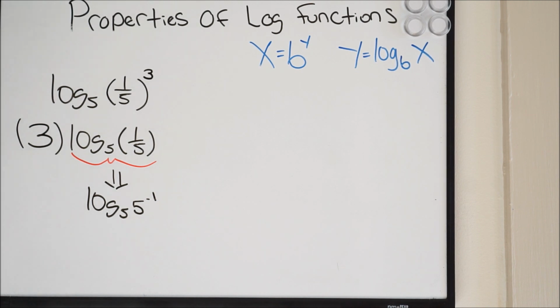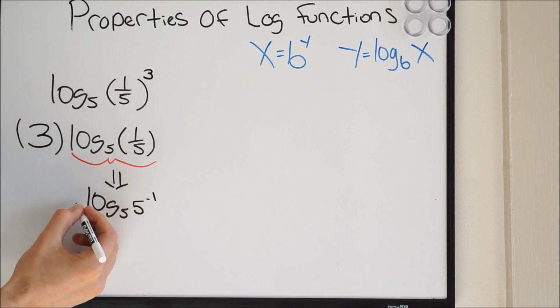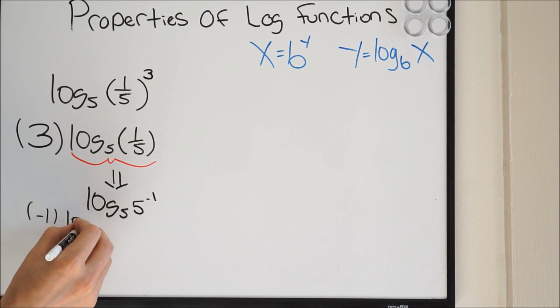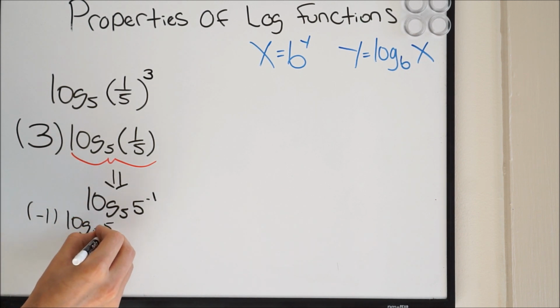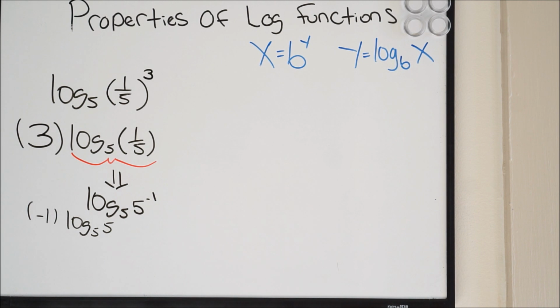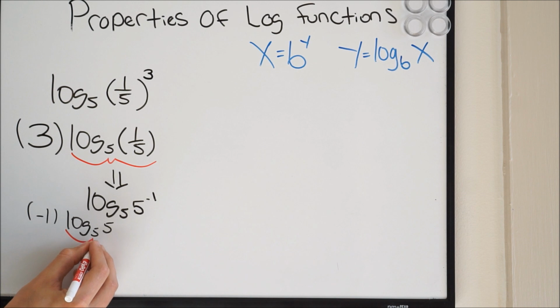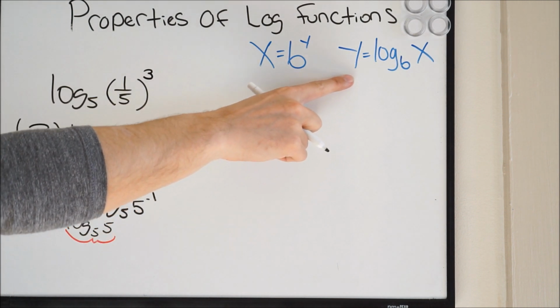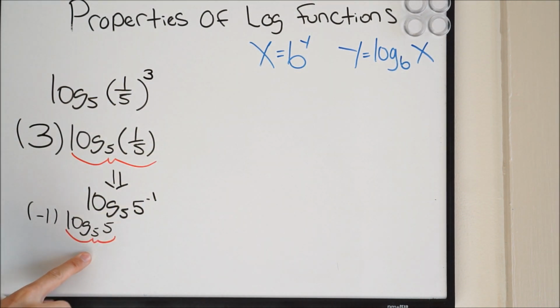And then again, I'm going to have another power property here. So let's go ahead and bring this -1 to the front. So when I do that, I have -1 times log base 5 of 5. Let's isolate this log right here. We can rewrite this in its exponential form.